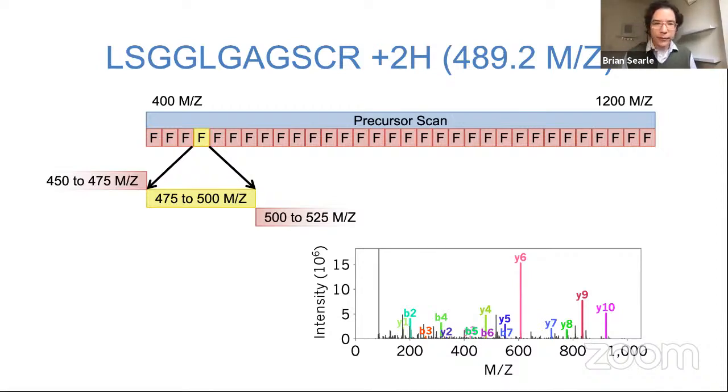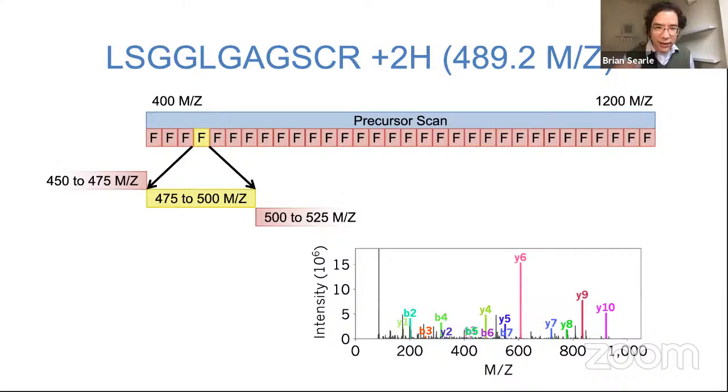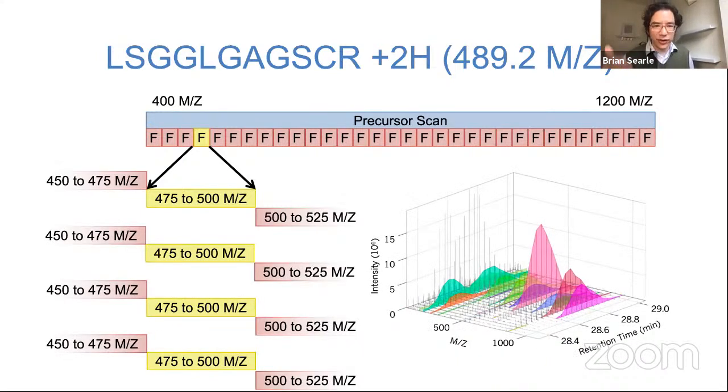If you think about this, we're actually acquiring multiple scans, one after another, to describe the shape of the peak. So rather than just looking at a single MS2 showing this peptide, we can see lots of MS2s describing this peptide. So we have tons of information in this sort of three-dimensional space: mass over charge, retention time, and intensity, not just mass over charge and intensity.